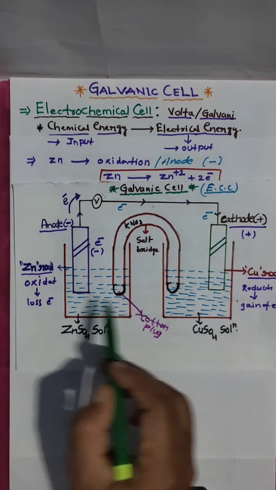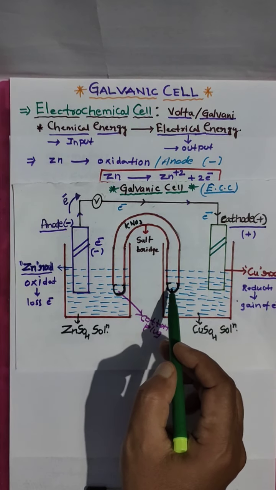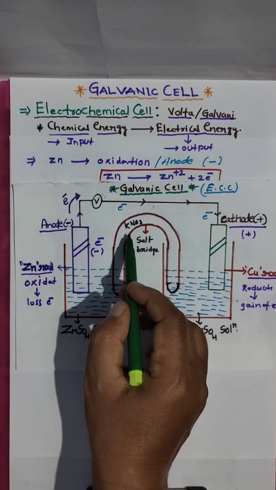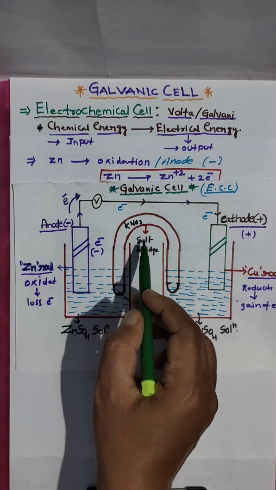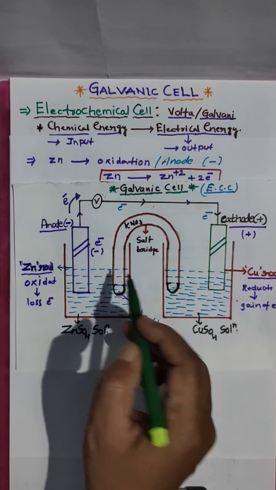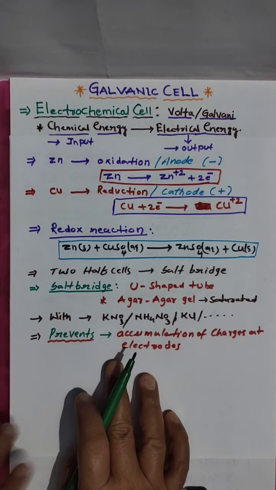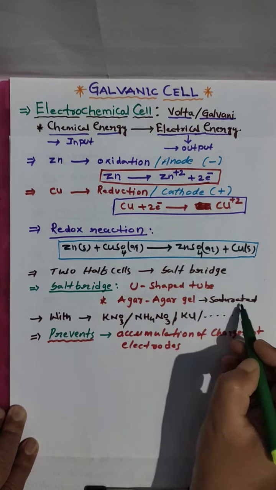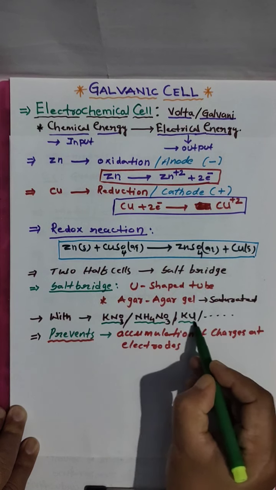To prevent that, we are using this inverted U-shaped tube filled with KNO3 or ammonium nitrate or KCl, which is filled with agar gel. So this agar gel is saturated with KNO3 or ammonium nitrate or KCl.